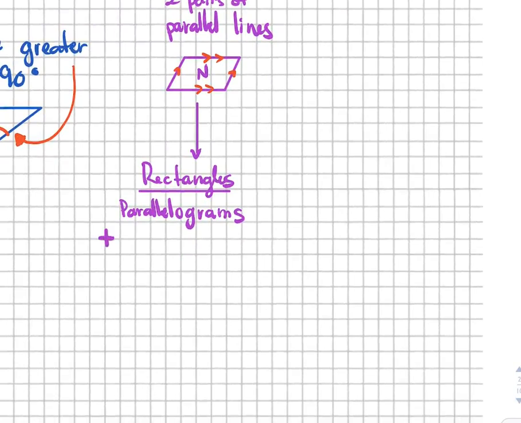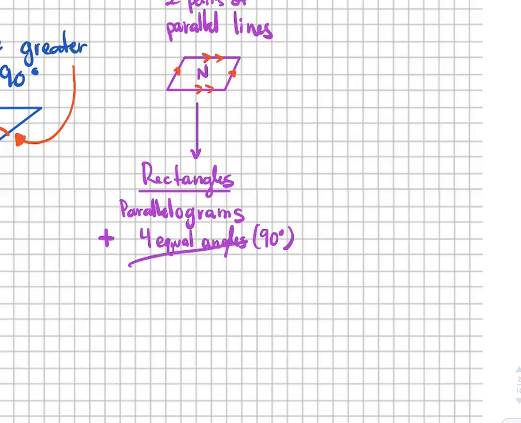Plus, I'll make it look like a math equation. Rectangles are parallelograms plus 4 equal angles. I'm going to put in parentheses, 90 degrees. So parallelograms plus 4 equal angles.